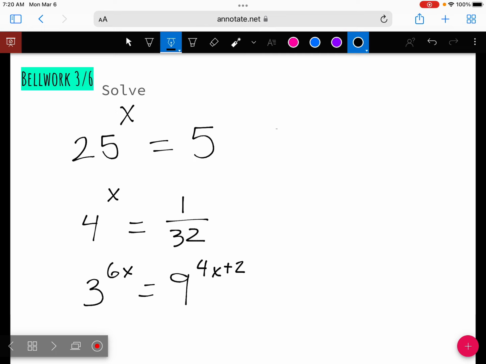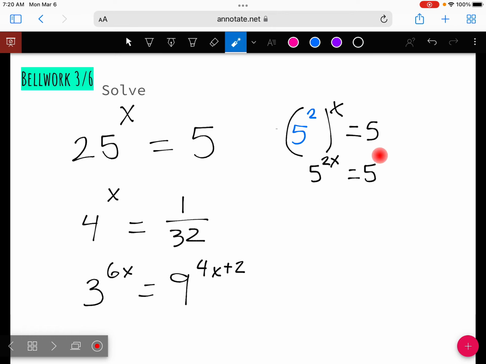So let's go through this bell work. You've got a couple of ways to do this. You can solve this the exponential way, like we did last chapter, where we get them to a common base. 25 can also be written as 5 squared, so 5 squared to the x equals 5. So 5 to the 2x equals 5 to the what?